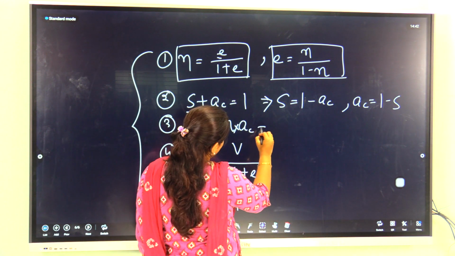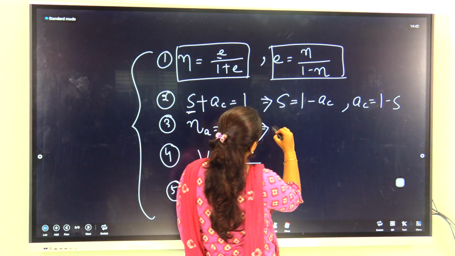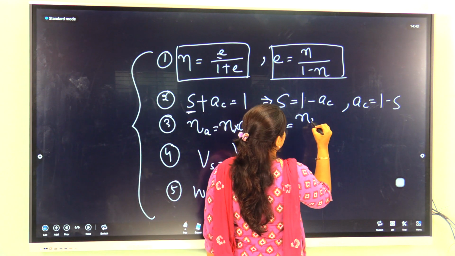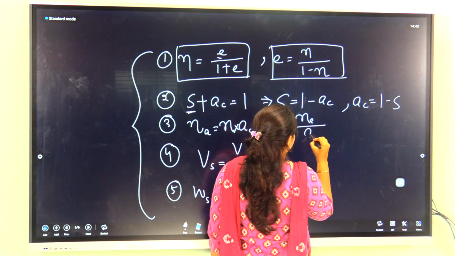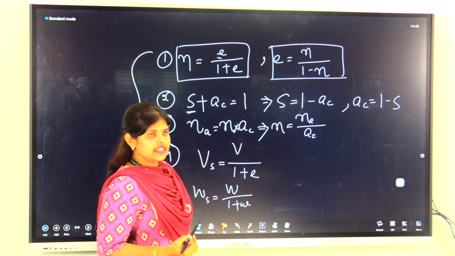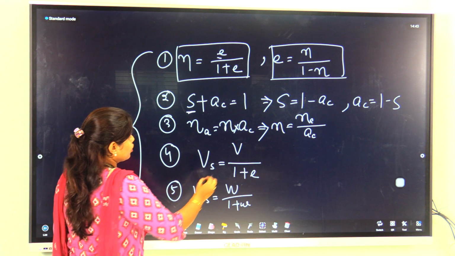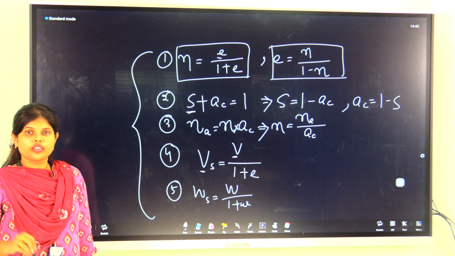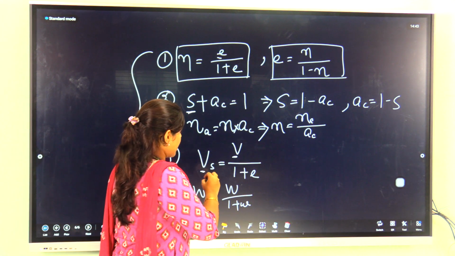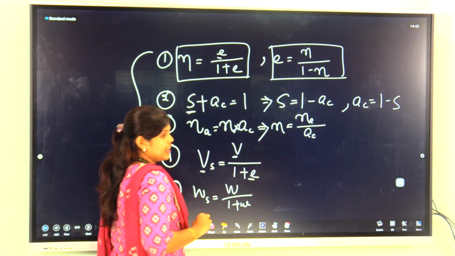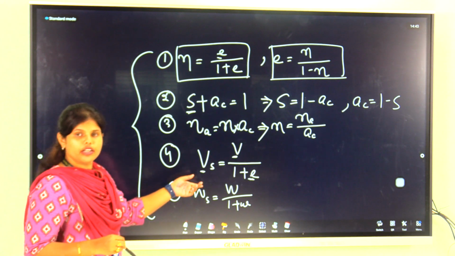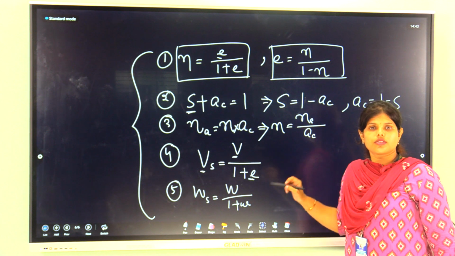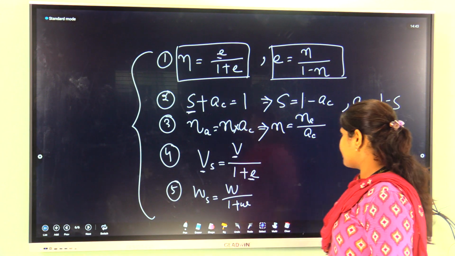Likewise, from this we can calculate porosity equals percentage air void divided by AC. Easy. If total volume is given and volume of solid is given, we can calculate volume of void and also E. If E is calculated, we can find Vv, or V minus Vs, we can calculate volume of void.